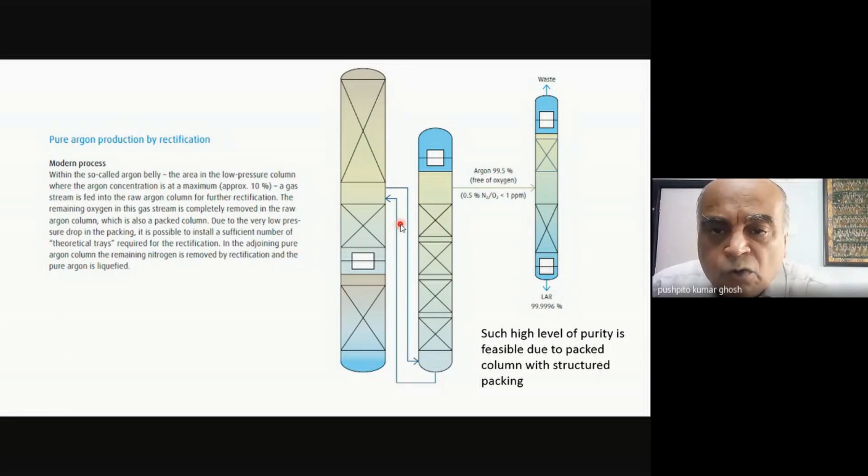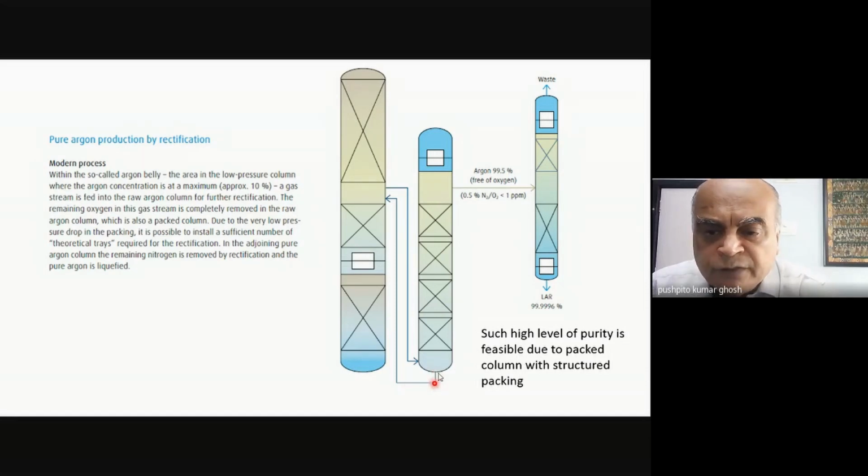So what they do is that they take that mixture from here, which will have all three. There will be oxygen, there will be argon, there will also be some amount of nitrogen. Now, in the first column, what they do is that they recover the argon as a gas. And the temperatures are designed such that the oxygen is recovered in a liquid form.